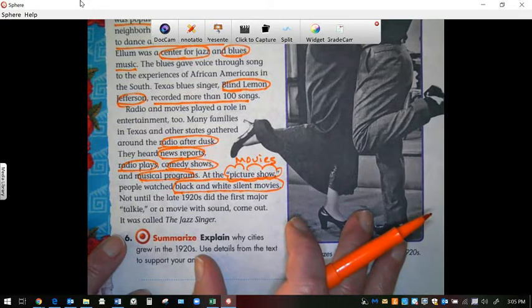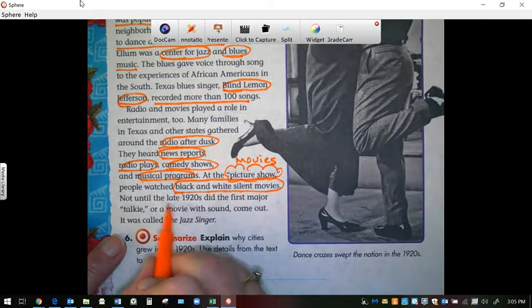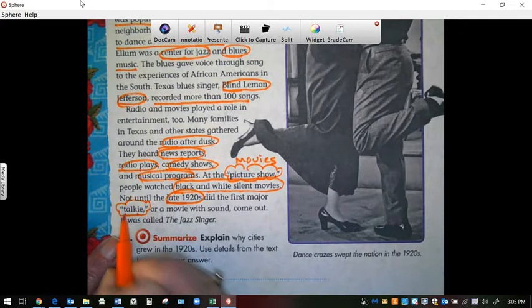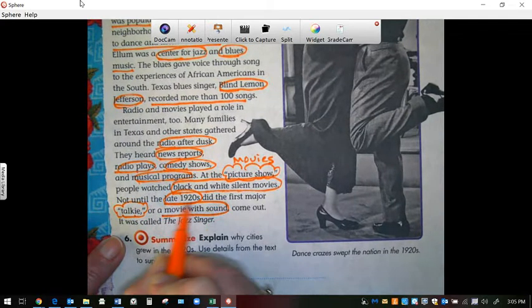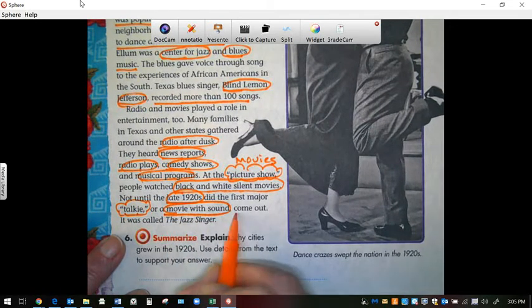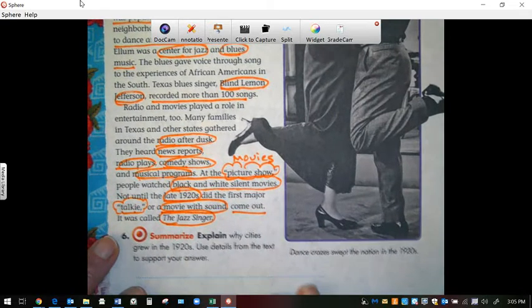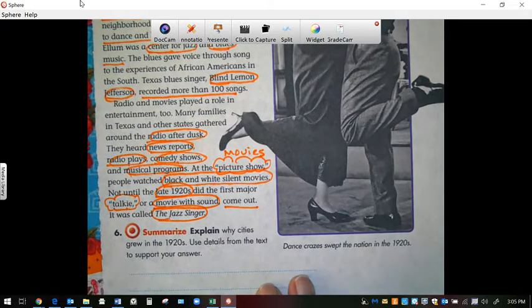Not until the late 1920s did the first major talkie, or movie with sound, the way that we watch movies now, come out. It was called The Jazz Singer. So there were many, many things happening in Texas during the 1920s.